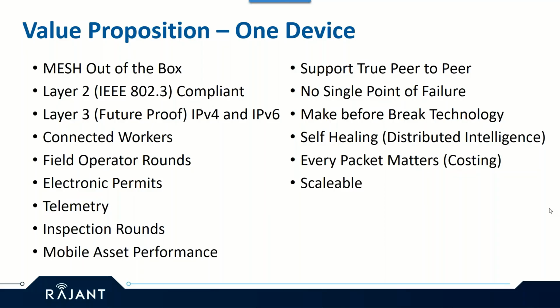Electronic permitting, the ability to do operator rounds, because even in today's technology, you're probably not going to put sensors in every device that you have around a facility. You're still going to rely on operators walking around or taking physical measurements of certain things like sight glasses or tank levels or temperatures on rotating equipment.